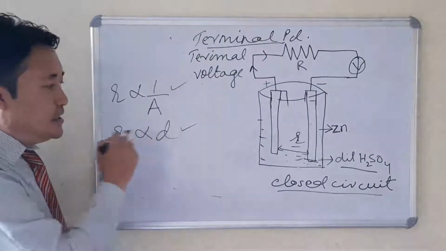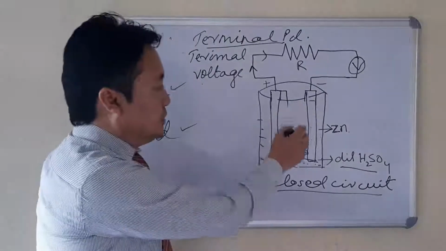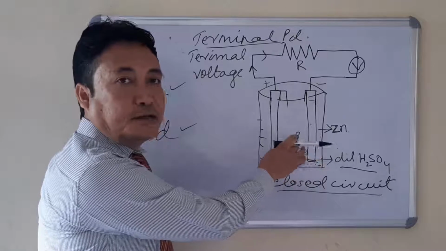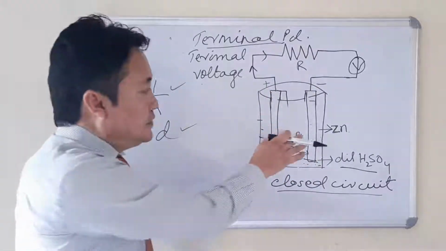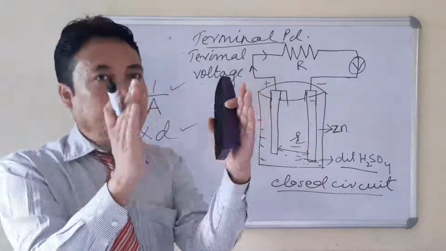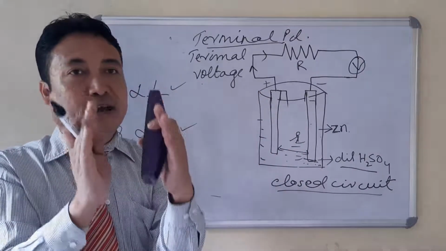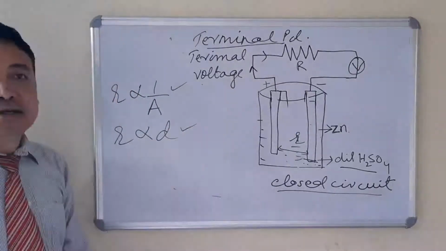If the distance decreases, internal resistance will also decrease. When you bring the electrodes closer, then the internal resistance will also decrease. So this is the second condition.